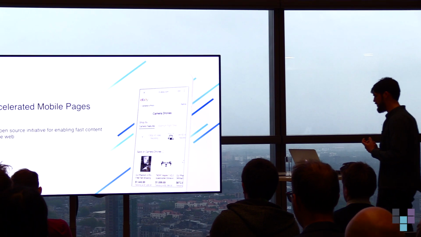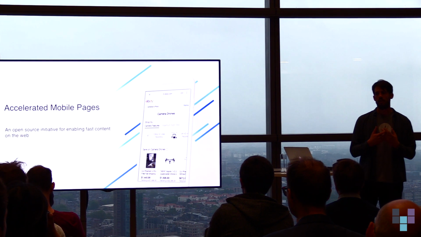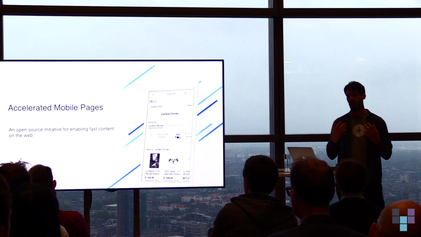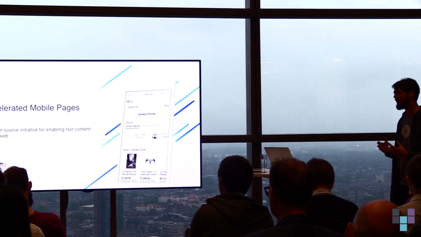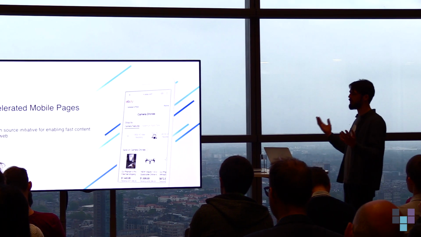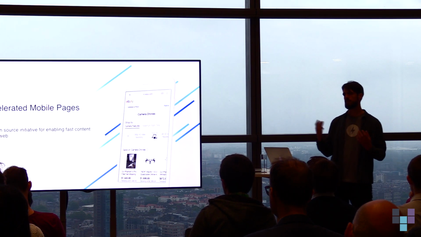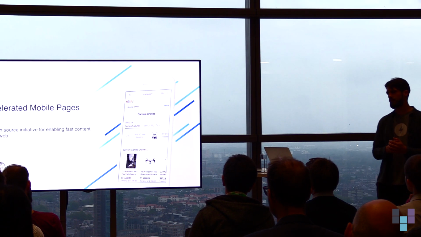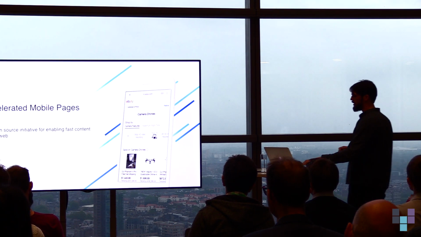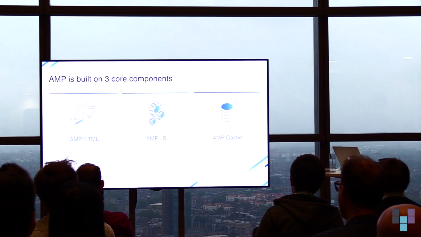And one aspect of this is to make it really efficient to embed web pages into different content. For example, one application which you might have seen is that we surface AMP pages inside the Google search results. And the way it works is there are 3 core components around AMP.